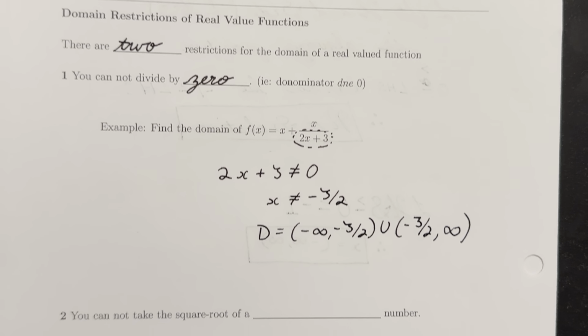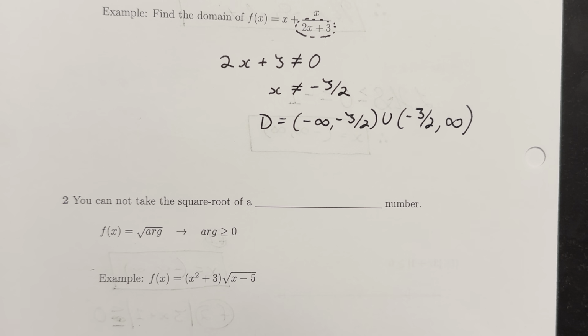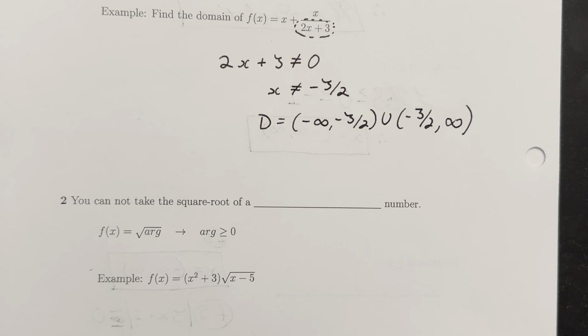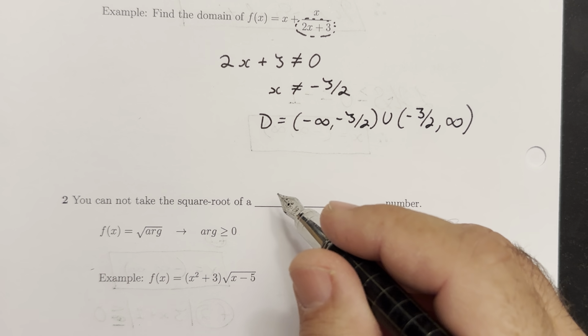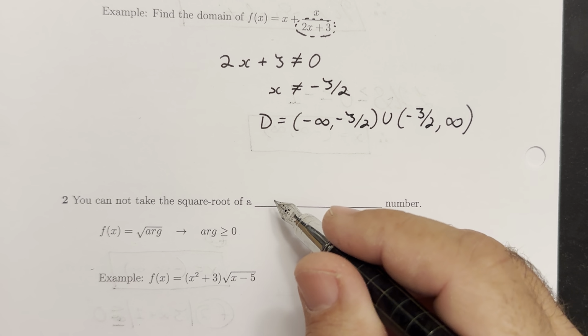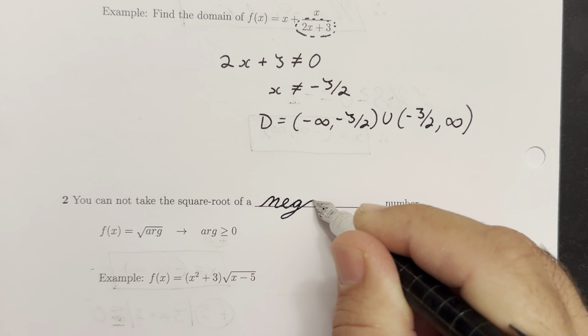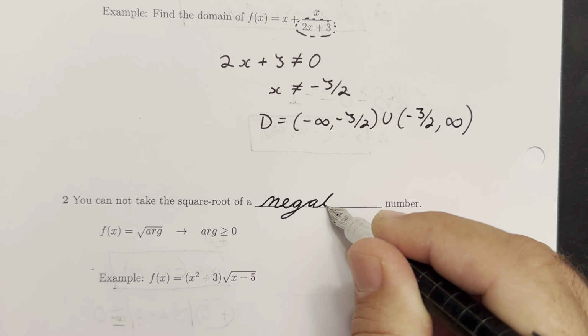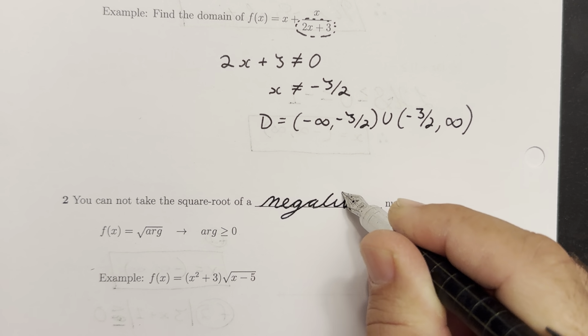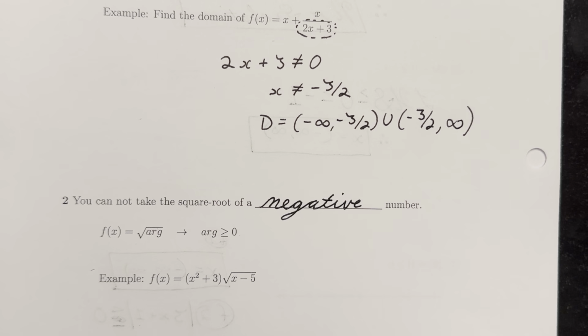Now there is one other that you should be aware of. You cannot take the square root of a negative number and have a real valued function. Right? Because if you take the square root of a negative number, you'll end up with an imaginary number.